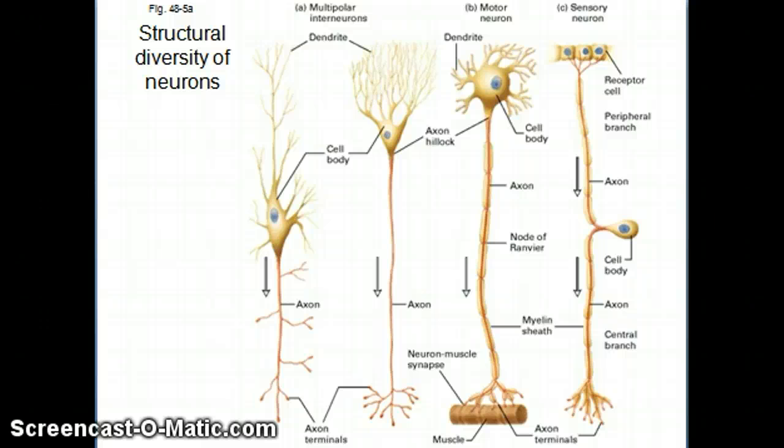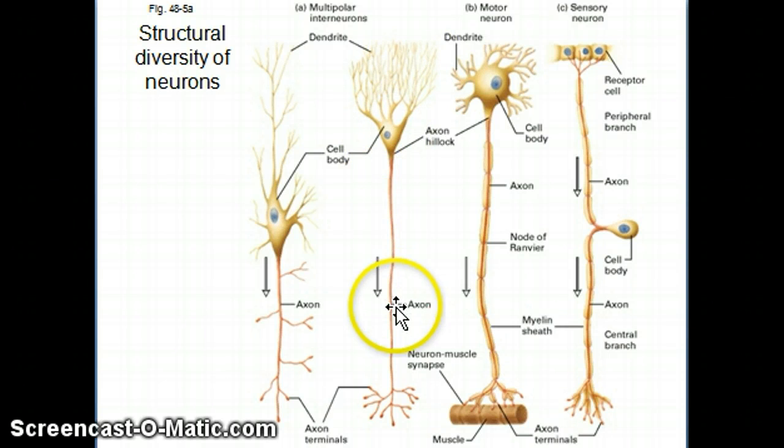So on this slide, you can see the diversity among neurons depending on what their function is. In this case here, we have interneurons, which are the ones found within the central nervous system that are involved in the processing of a signal and then translating that into a response, a motor response.